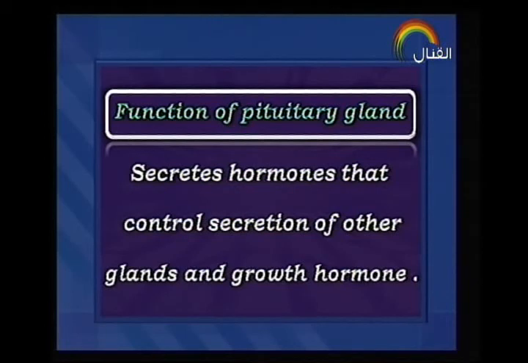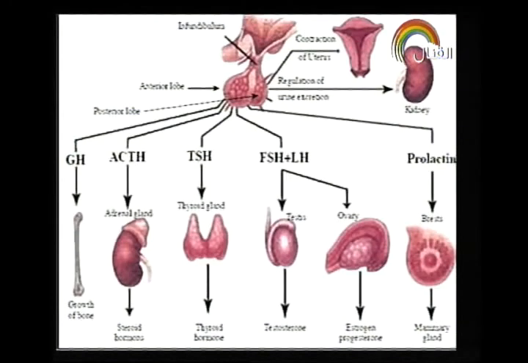But what about the hyposecretion in childhood? It causes what? Dwarfism. And these are the most important hormones that are secreted by the pituitary gland.